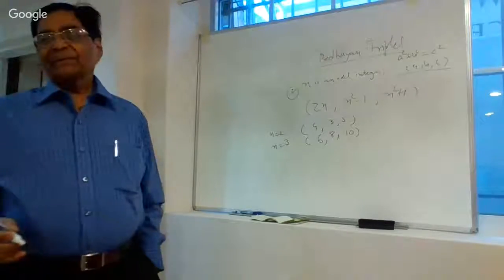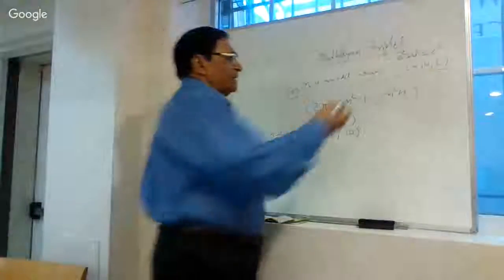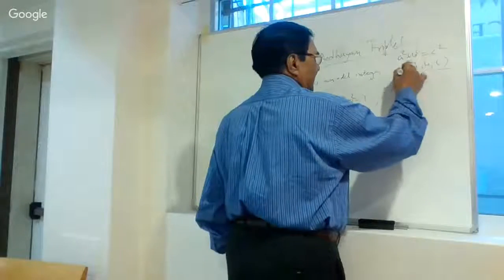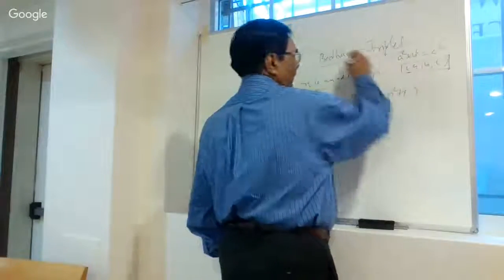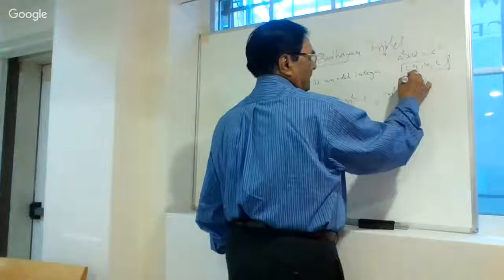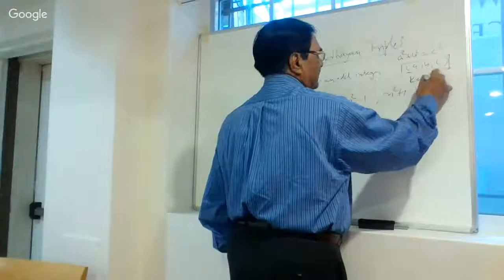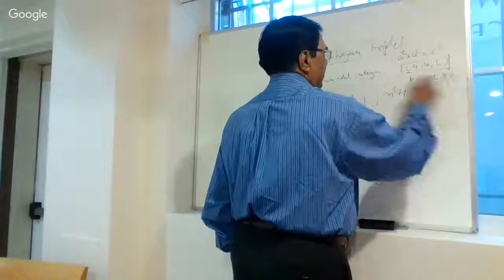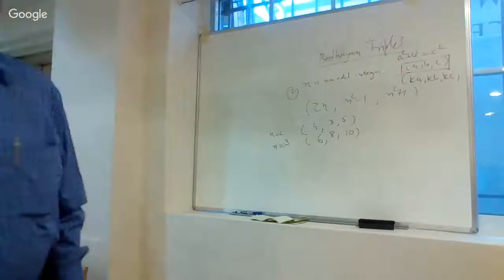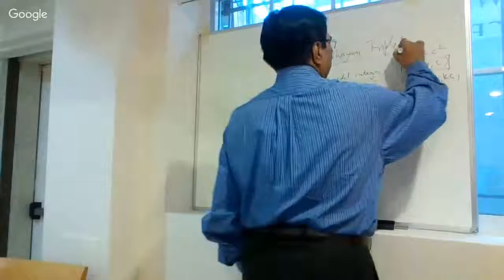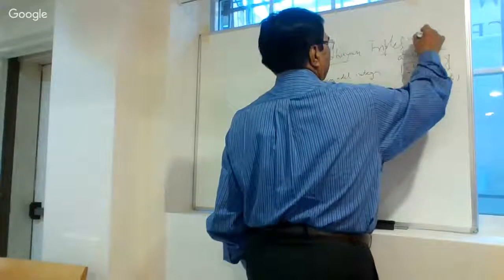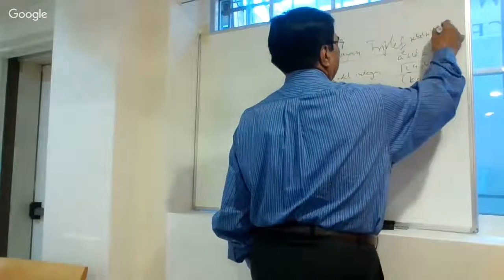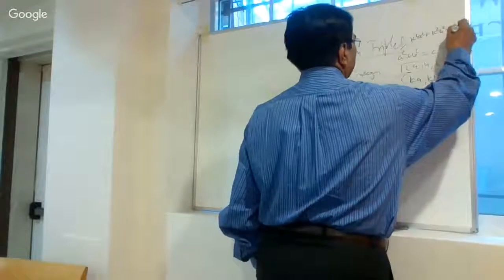I can easily say that if a, b, c is a Pythagorean triplet, then ka, kb, kc is also a Pythagorean triplet. You multiply by k: k square a square plus k square b square is k square c square.